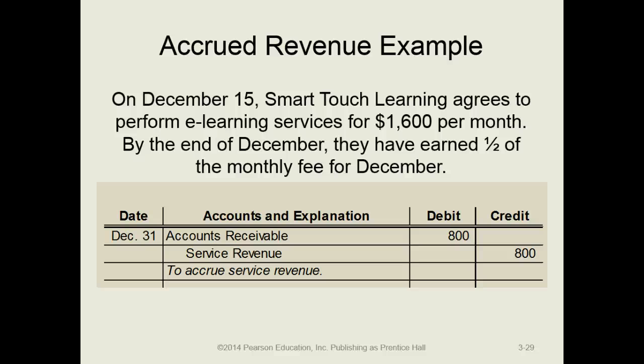Customer probably will pay you after the first month, but by the end of December, you've earned half of the monthly fee, but you haven't received any money yet. So when you prepare the financial statements, you have to recognize the fact that you have an accounts receivable and service revenue that's accrued. Later, when you get the cash, the receivable will go away and the transaction will be complete.